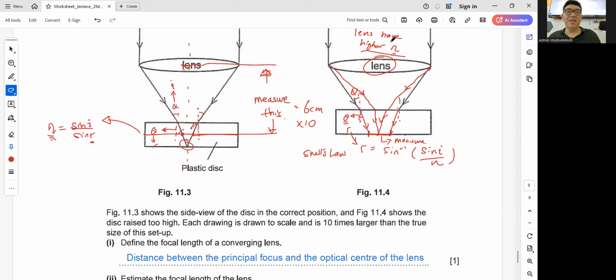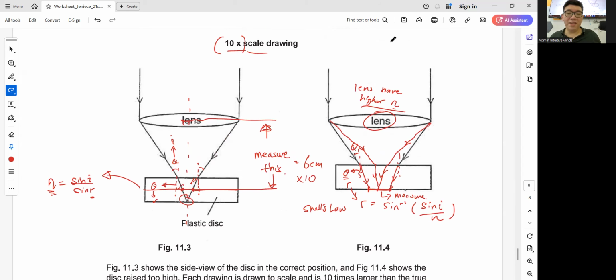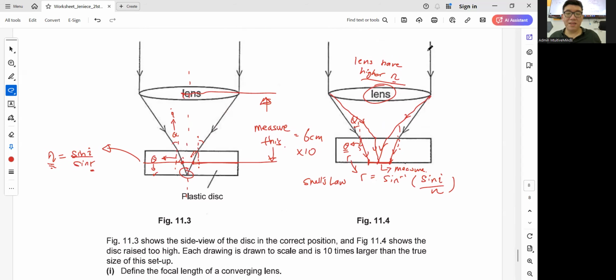Or another way is, you will need to bend more. You can raise the height of the lens. Another way is to raise the height of the lens, then that will give you the same distance as before.